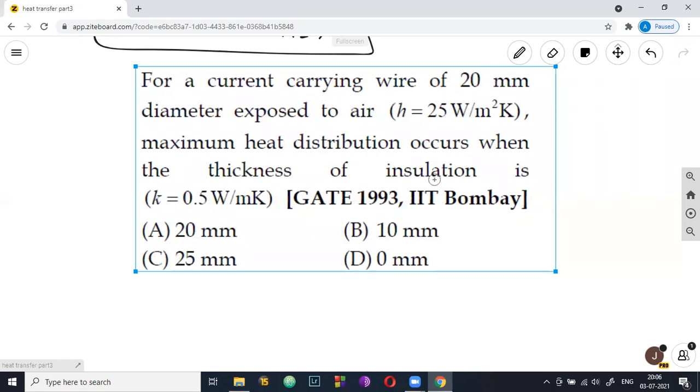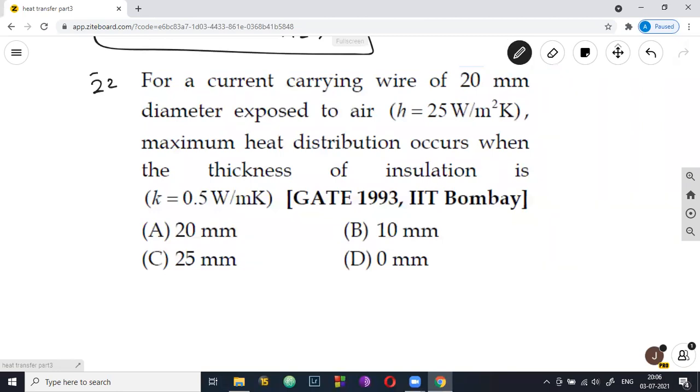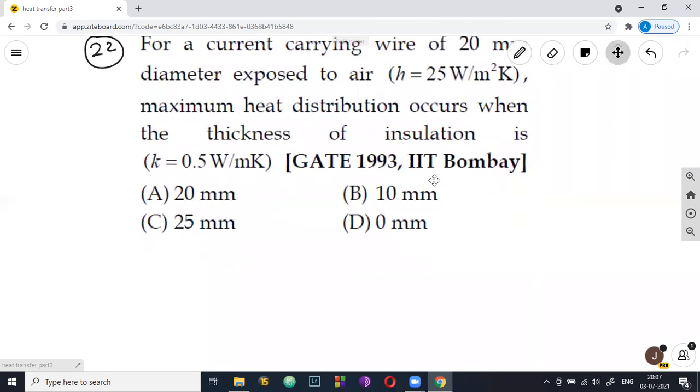Okay. So for question number 22, right? For a current carrying wire of 20 mm diameter exposed to air, the maximum heat dissipation occurs when thickness of insulation is. So let's first of all find what is the critical thickness, critical radius of insulation, RC.